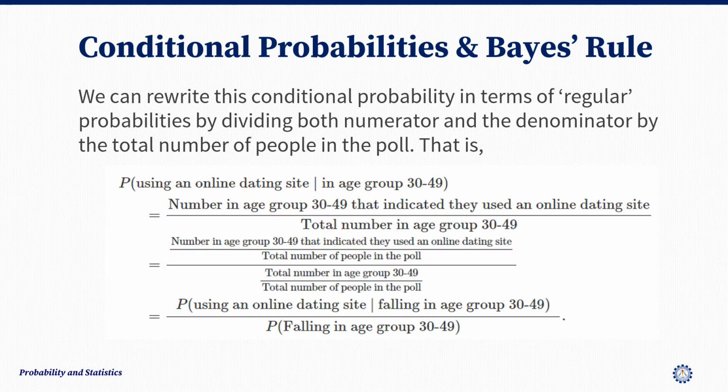That would be equal to the number in age group 30 to 49 that indicated they use an online dating site over the total number of people in the poll, over the total number in age group 30 to 49 over the total number of people in the poll. So it is the probability of using an online dating site and falling in age group 30 to 49, over the probability of falling in age group 30 to 49.